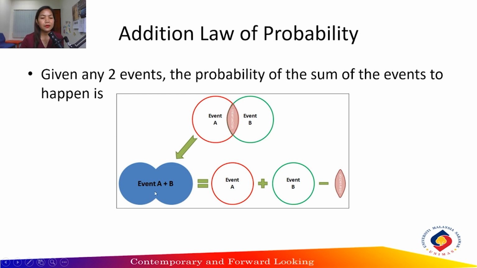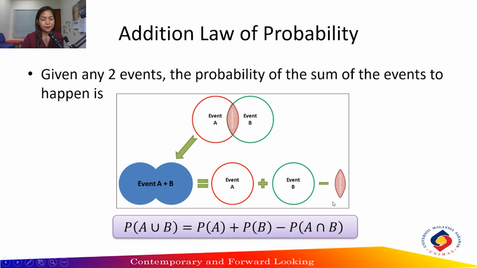If we have event A and event B, and we talk about the union of these two events, it is event A plus event B, but don't forget to minus the intersection of these two, event A and event B. Hence, the addition law of probability is P(A union B) is equal to P(A) plus P(B) minus P(A intersect B).